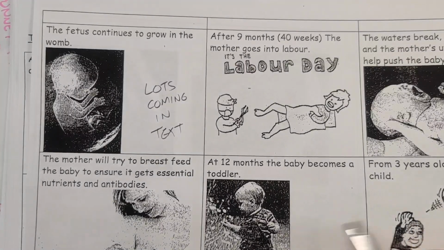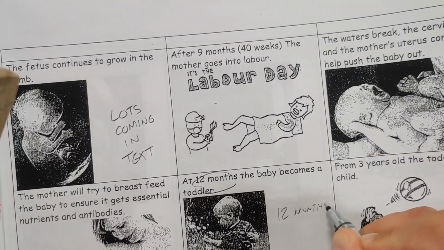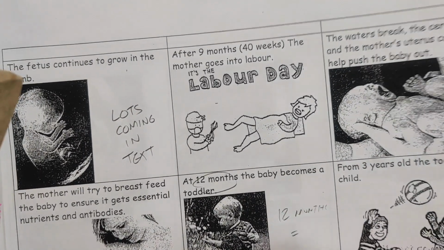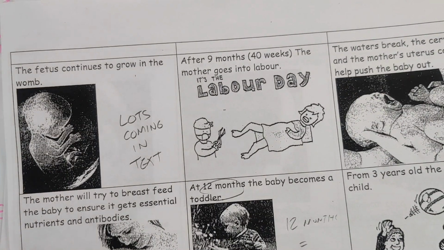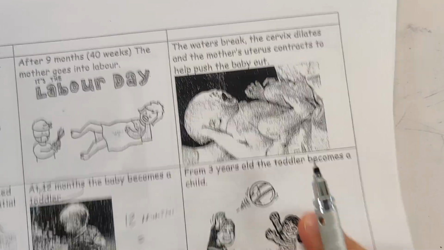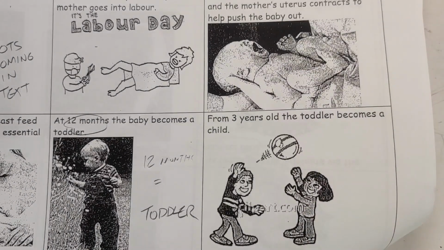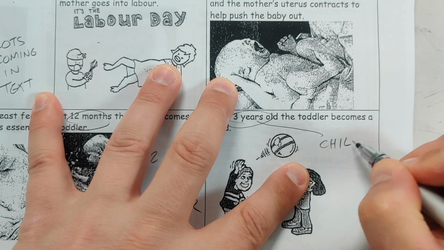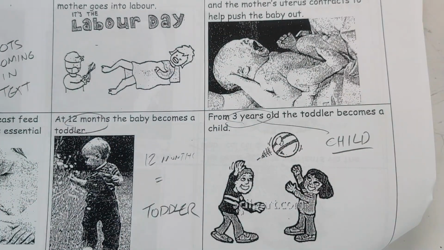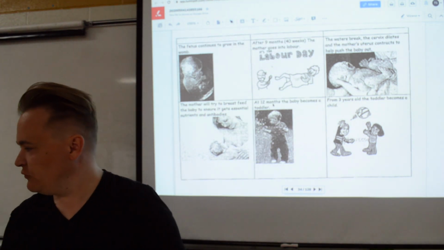This is important here. 12 months equals toddler. There we go. At 3 years old, a toddler becomes a child. That's another key term. So you could say 3 years, child. That's important to know. These are just kind of milestones that we have terminology for. Let's move on.